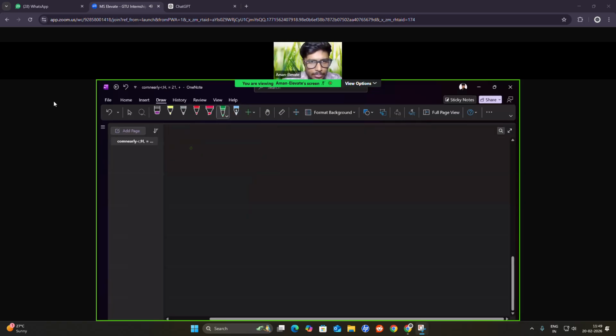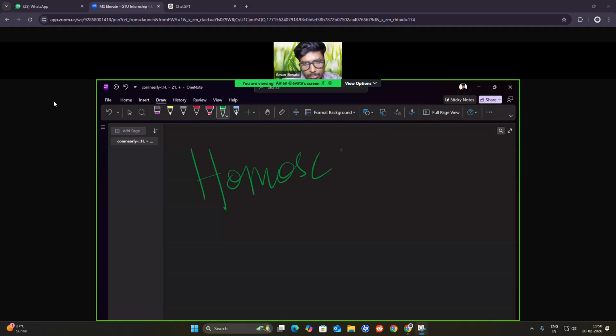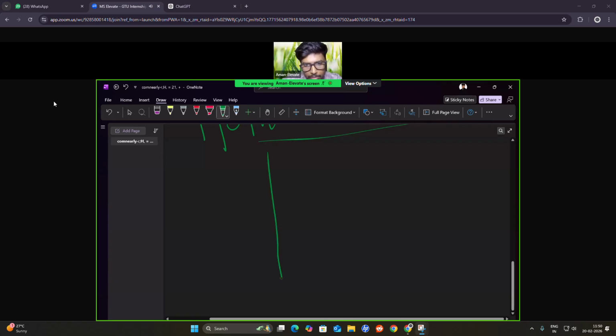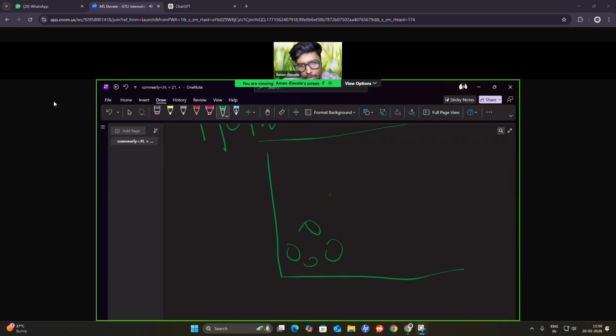Homoscedasticity is when your data is in a particular sequence.